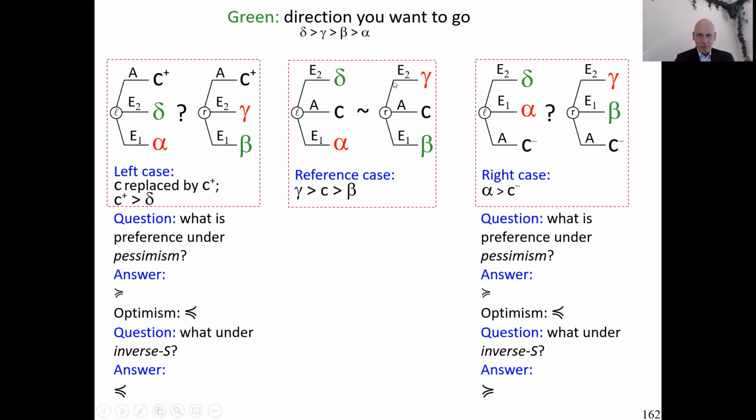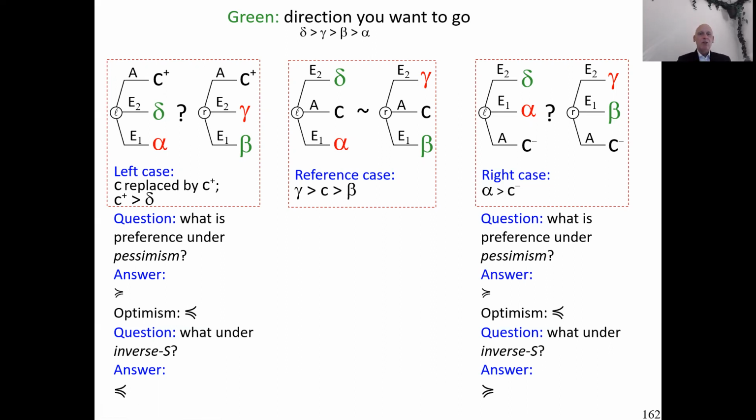Finally, we look at event capital E2, the highest event here, and we see in the left case, it has changed rank. In the reference case, the middle figure, it has the best rank. Here in the left case, it has middle rank, so a bit worse. Well, we are assuming pessimism, and for a pessimist, the worse events are, relatively speaking, the more attention is given to them, more decision weight. So therefore, this event capital E2 receives more decision weight in the left case than in the reference case.